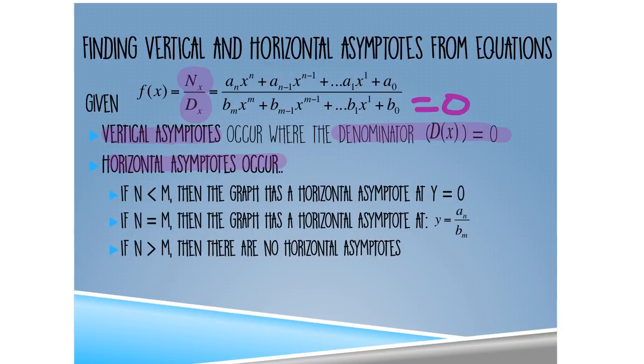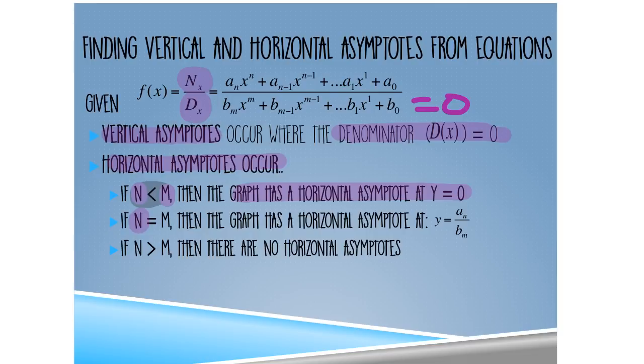If the degree of the numerator, we're talking highest exponent of the numerator, is less than the highest exponent of the denominator, so n stands for numerator, m denominator, then the graph has a horizontal asymptote at y equals 0.